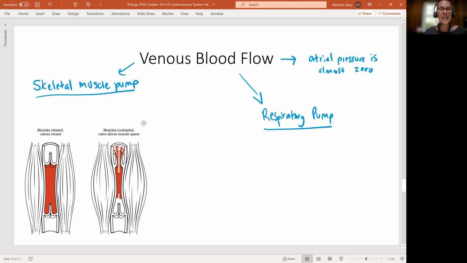And so what we'll see is when skeletal muscle surrounds the vein, when that skeletal muscle contracts, it's basically squeezing the vein, pushing the blood up through the vessel, right? And when the skeletal muscle squeezes the vein, pushes the blood up, that's opening that valve. And then when that skeletal muscle relaxes, the valve closes.